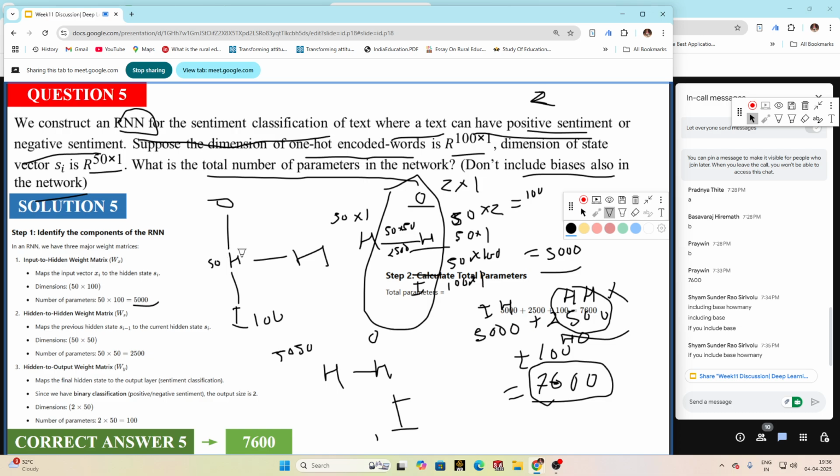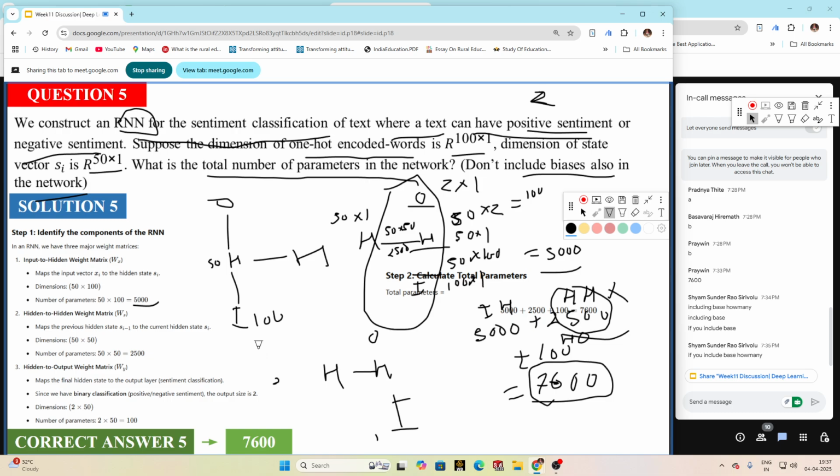And second, if you have bias between H and H, again we will have 50 additionally. So earlier we had 2500, so now 2550. Let me write it well. In the input and hidden layer, if we consider bias, then we will have 50 additional parameters, because 50 biases will be there.